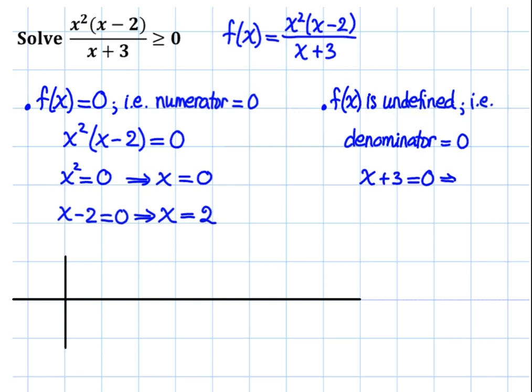So x equals negative 3. So what we have is these numbers x equal to 0, x equal to 2, and x equal to negative 3. We're going to put that on a number line or on the sign chart below.